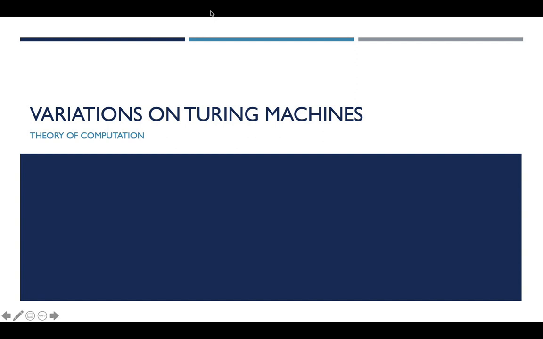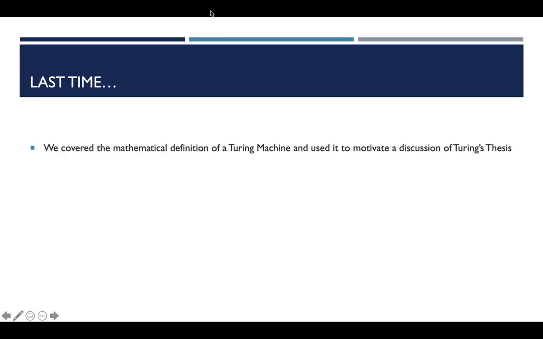Today, what we're going to do is talk about variations on standard Turing machines. So last time, we recapped our colloquial description of a Turing machine, and then moved on to a more mathematically rigorous definition of what a Turing machine is and how it does what it actually does, and then used that mathematical definition to motivate all the way through to a really, really famous, very important result called Turing's thesis.